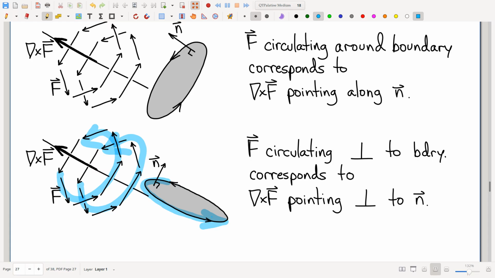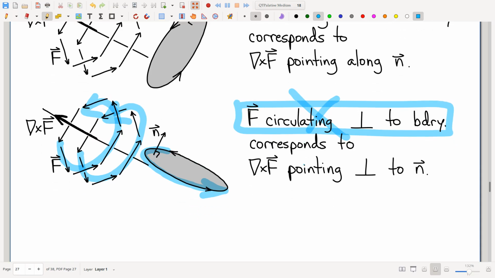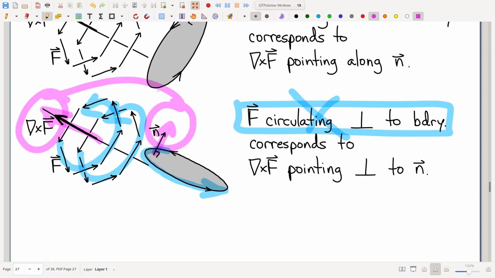The flow of the fluid is not along this boundary curve. So you don't expect to get much circulation there. Does our curl dot normal vector detect that? Well, yeah, because this dot product would be small, if not zero. Because the curl is pointing this way, the normal vector is pointing that way. That dot product is not large.